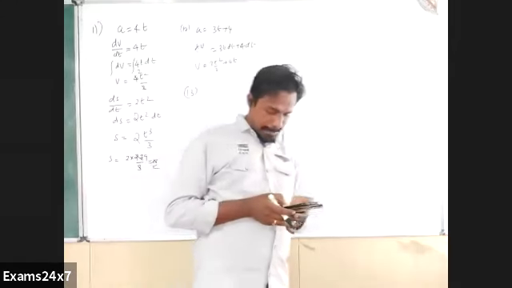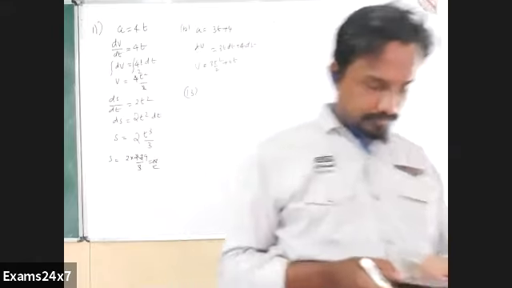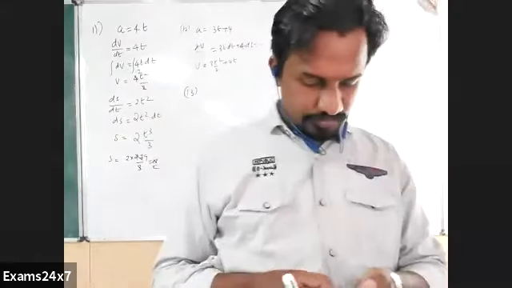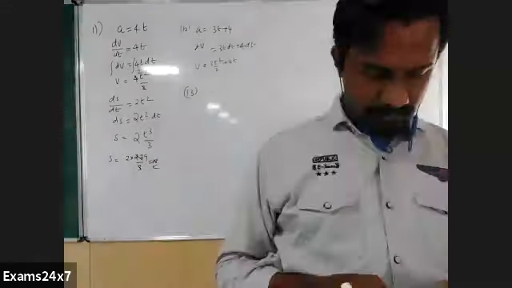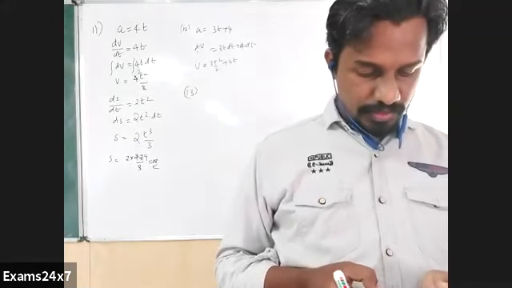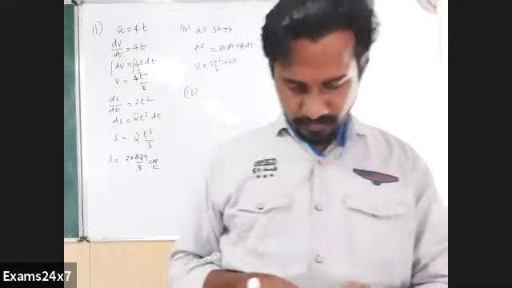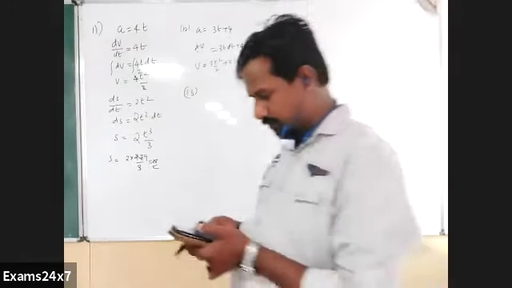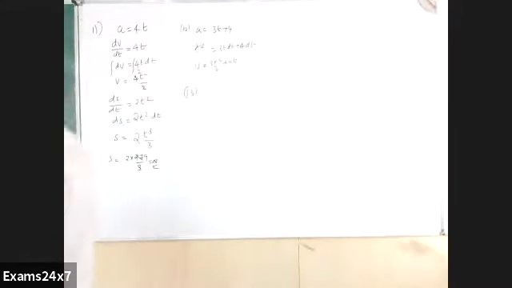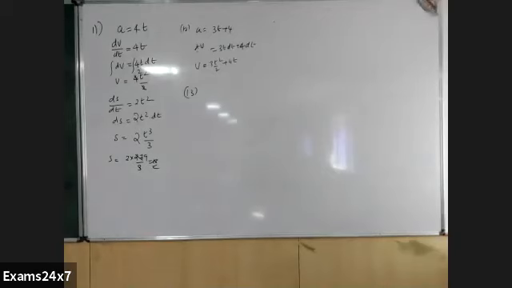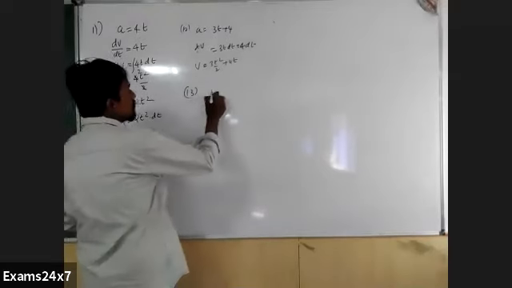13th question. The displacement of a particle starting from rest is given by s is equal to 6t square minus t cube. Displacement is given.